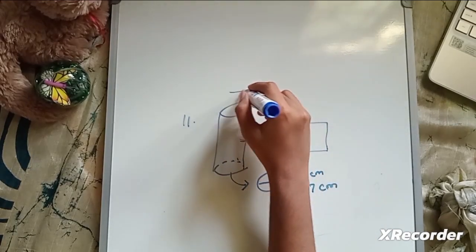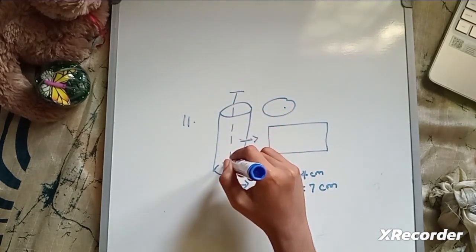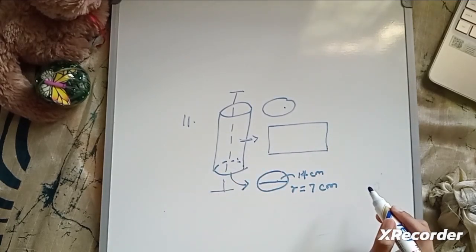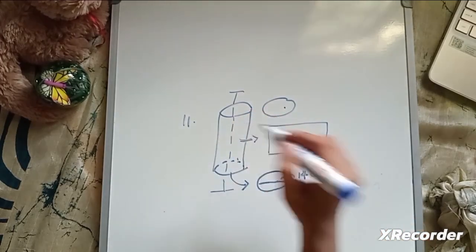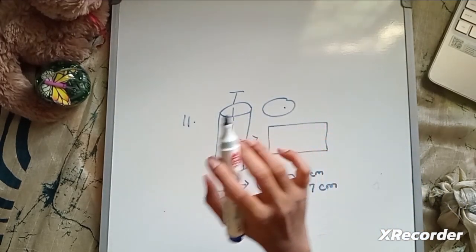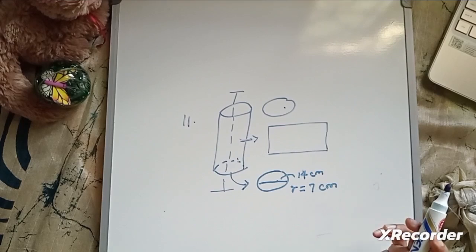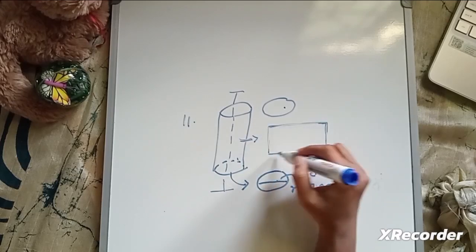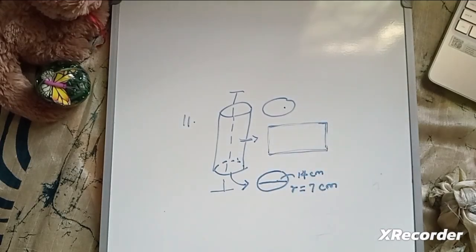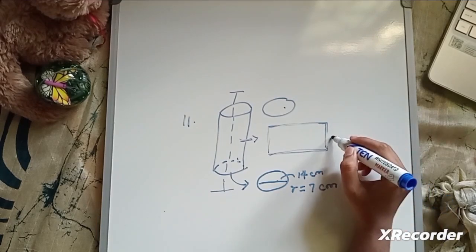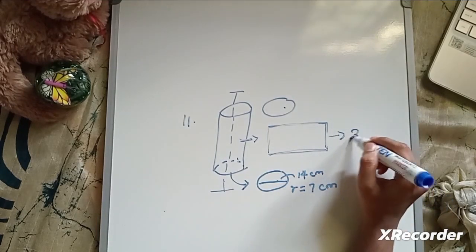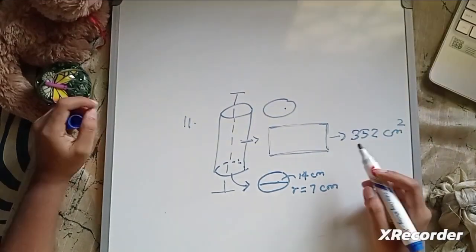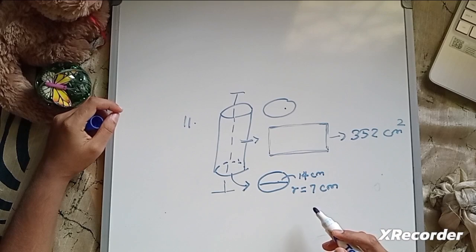So please just think that we cut this in here, then we unfold this curved surface, we are getting a shape like this. So the area of this is 352 square centimeters. Find the height of the cylinder.